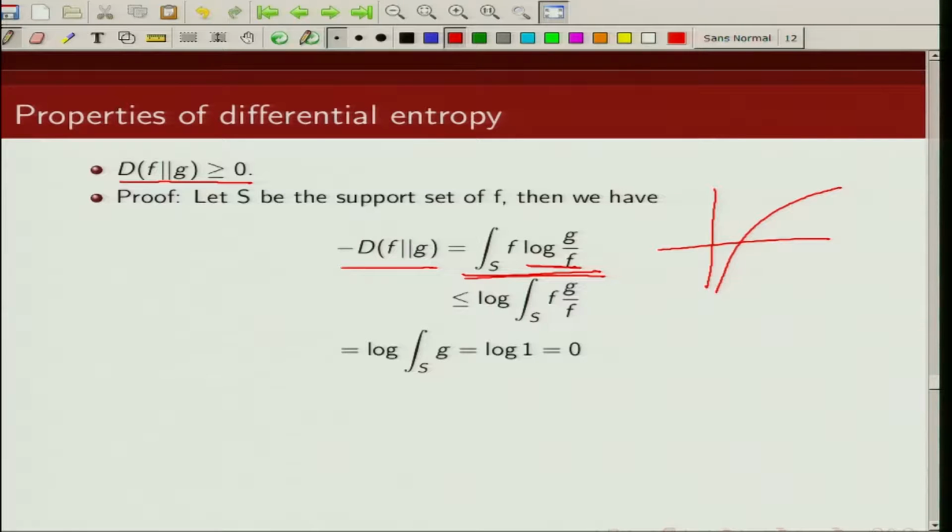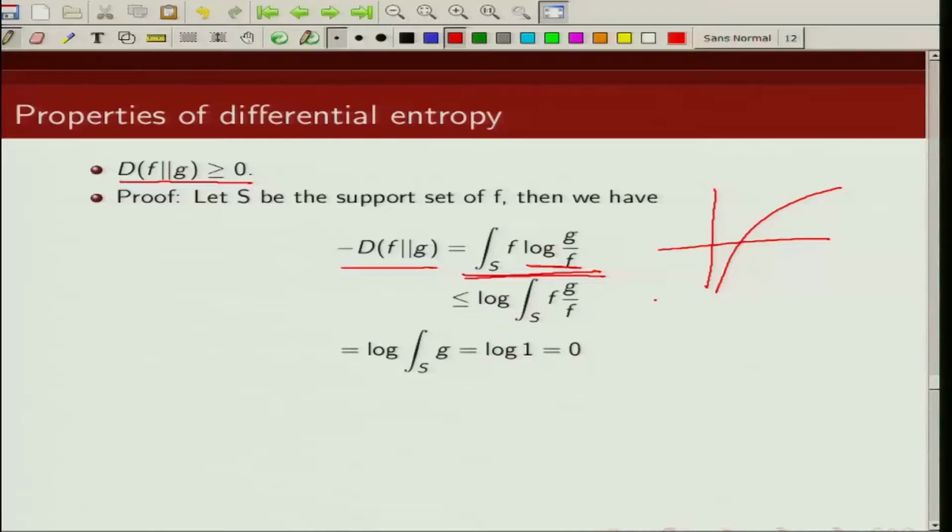So since log is a concave function, by Jensen's inequality, the log of the expected value should be more than the expected value of the function. So from Jensen's inequality we know this relation holds if f of x is concave.